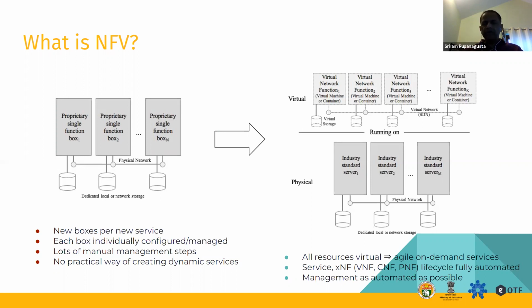So they are much smaller in footprint, and there's a lot of move from VNFs to CNFs these days. And lastly, PNFs are the physical functions, because there are always some functions which are going to be physical. For example, in 5G, the radio is always physical. You cannot virtualize it, right? So the antennas. So those will remain as PNFs. So the important thing is that all of them can be managed in this framework that we're talking about.